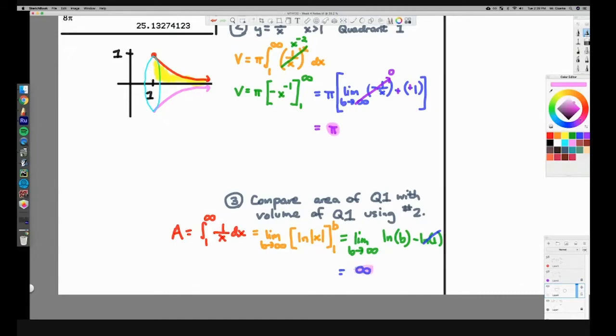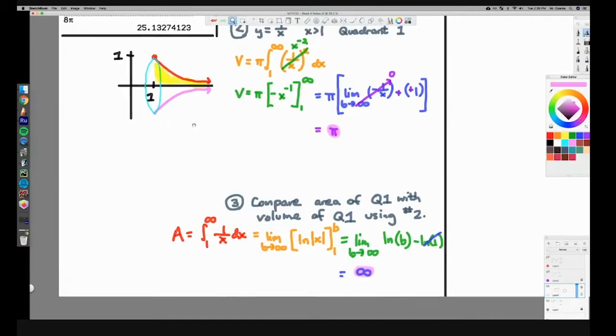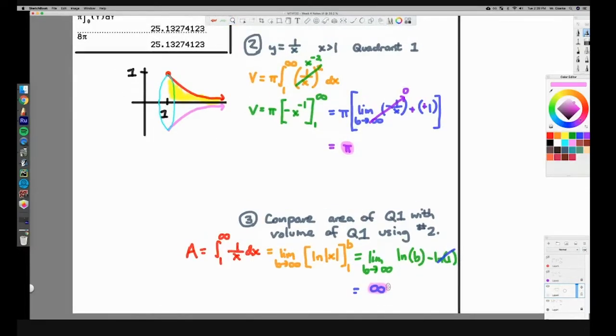Now, let's think about this for a second. Your area is infinity. So if this yellow part goes to infinity, but the 1 over x here, the volume, is finite. If you want to think of area, it's almost like you're painting the outside of this. Volume is if you filled up this cone.